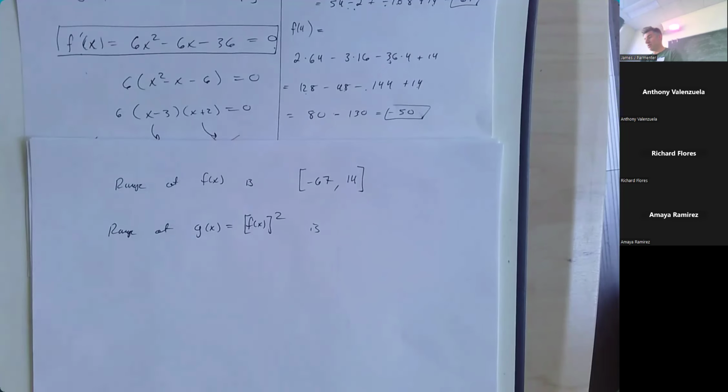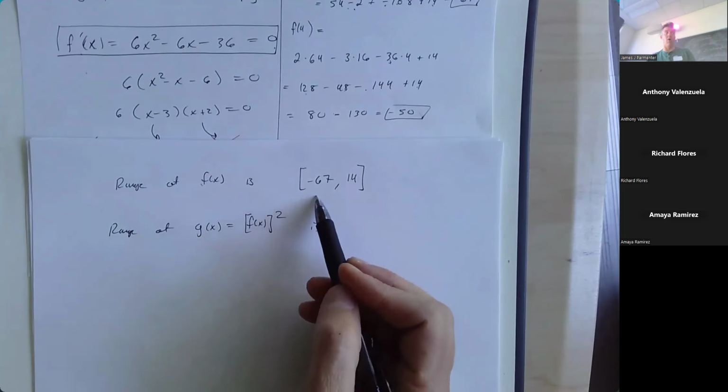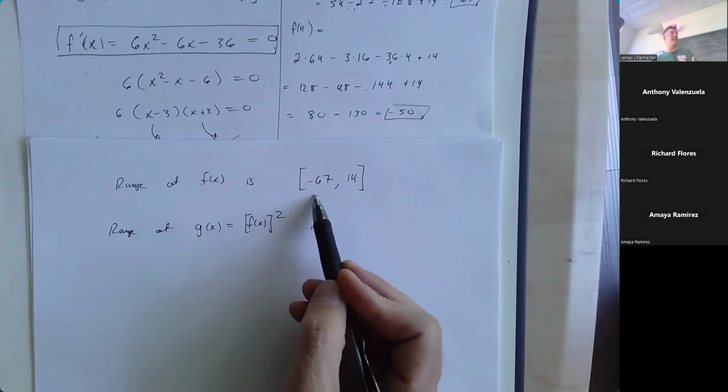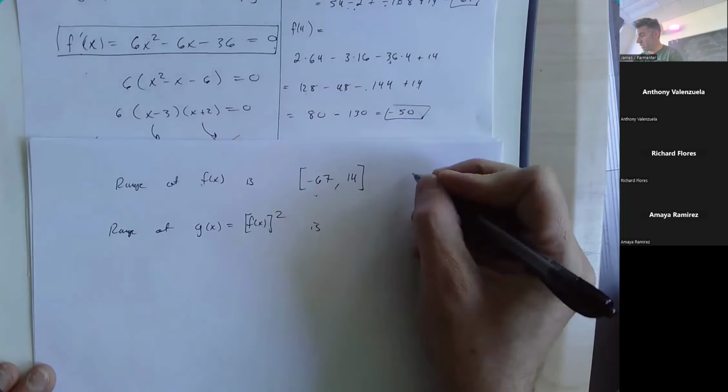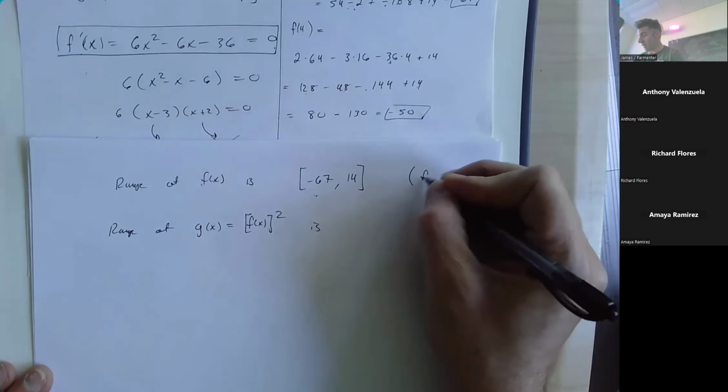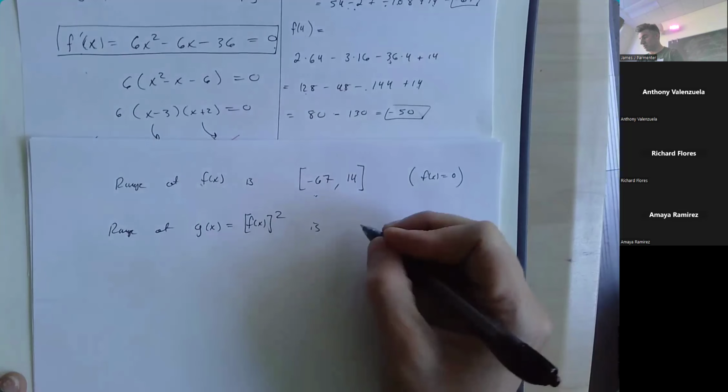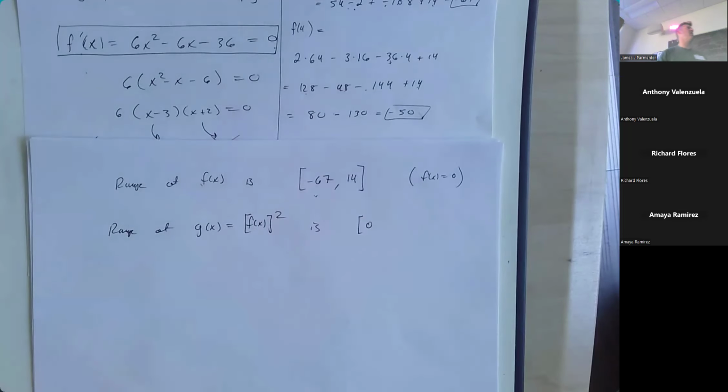Because certainly, does f of x have to equal 0 somewhere? Yeah, because you get all the values between -67 and +14. So certainly there's some value where f of x is equal to 0, so g of x should be able to go as low as 0. Could g of x go any lower if it's equal to some quantity squared? Definitely not. g of x has to be greater than or equal to 0. So that's the lowest value.